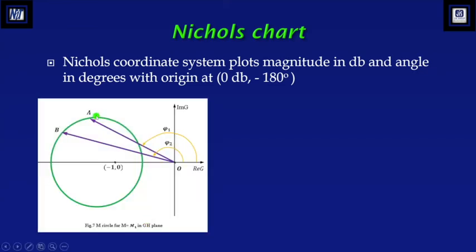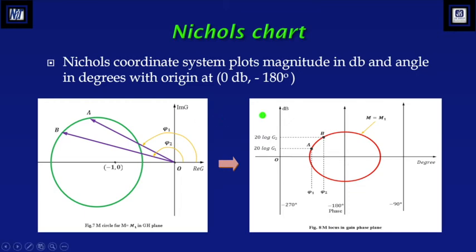A point on the constant M circle in the G(j omega) plane is transferred to the gain phase plane by drawing a vector directly from the origin of the G(j omega) plane to a particular point of the M circle, then measuring the length in dB and the angle in degrees.